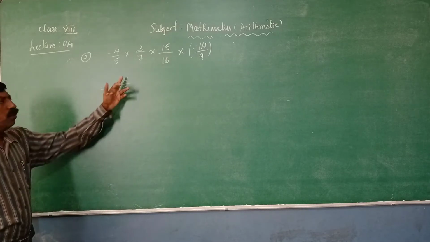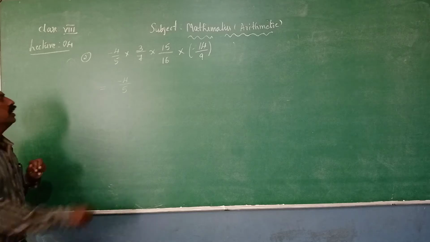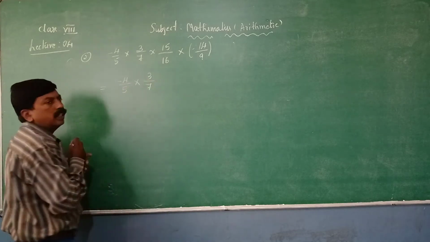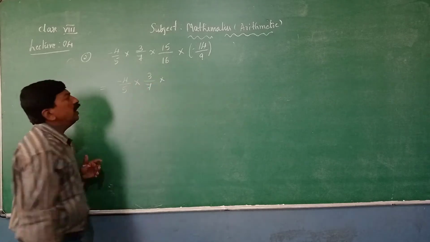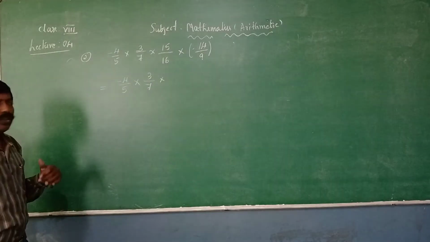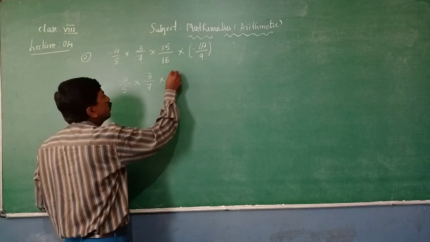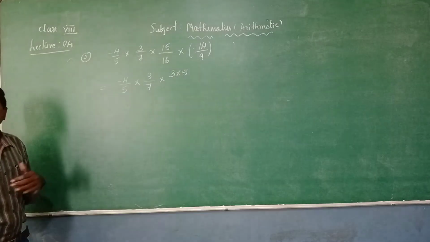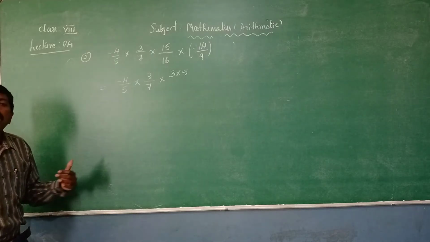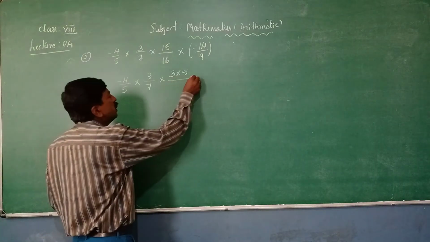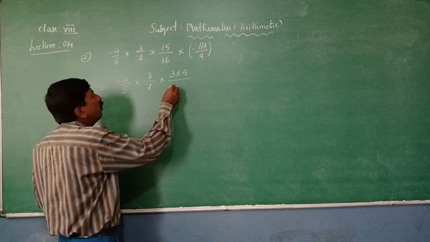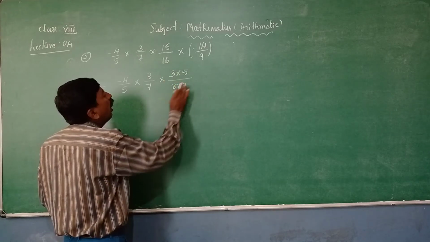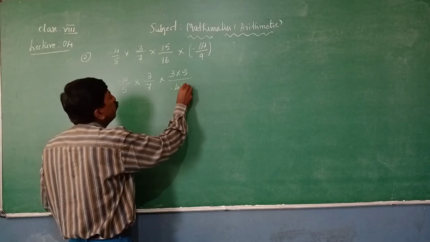So you can write minus 4 by 5 as it is, and into 3 by 7 also as it is. 15 can be written as 3 into 5, remember, the factors of 15 are 3 and 5. And 16 can be 8 into 2 or 4 into 4.